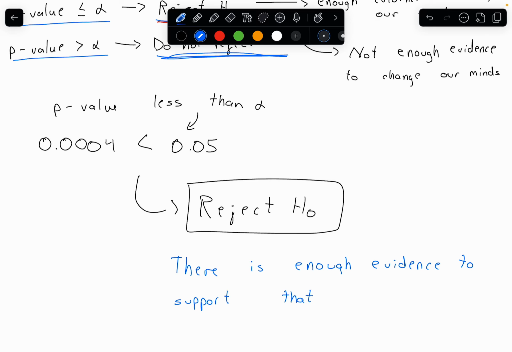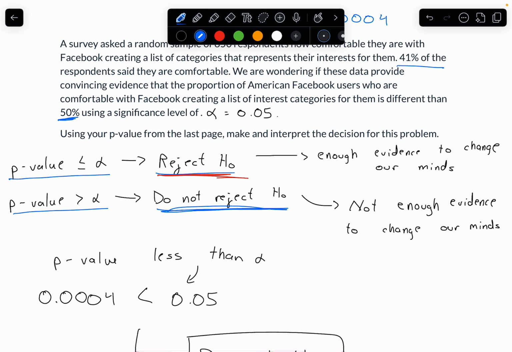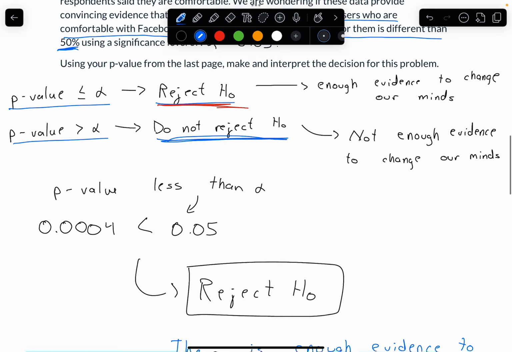And I want to go back and talk about what we were referencing in the problem. What's the question that we were asking? What's the claim that we were making? So if I scroll back up here, we want to talk about if the proportion of American Facebook users who are comfortable with Facebook creating this list of categories for them is different than 50%. That's a mouthful, and I'm going to try and abbreviate that where I can.